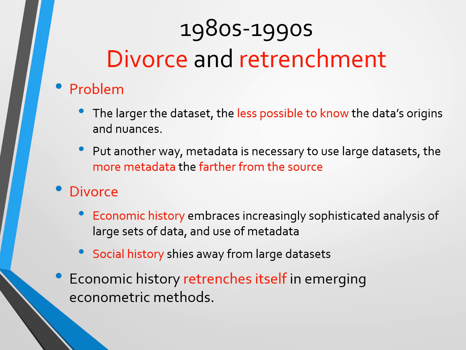So you take a sample from area A, you take a sample from area B, from area C, you work out what you think the average for something is, and then you trace that average over a period of time. And so you're always using metadata. You're always separated to some degree from the actual source material. And the argument is that the larger the data set, the larger the use of metadata, the less accurate the results.